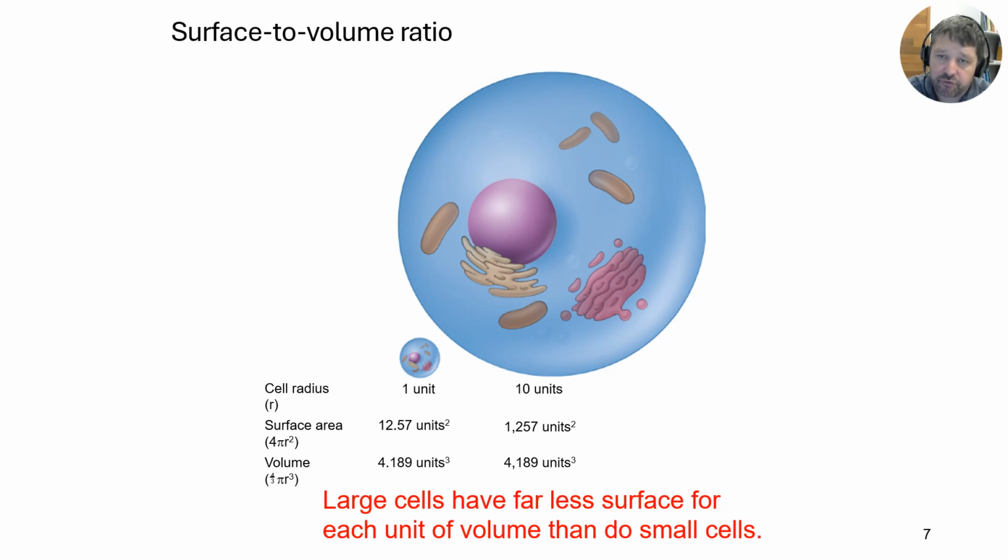To ship the proteins out to that cell membrane takes much more energy than to ship it in here, because that volume has increased by 1,000 times, versus a 100 times increase for the surface area. So much further distance, less efficient, so most cells are small. There's a caveat to that though.